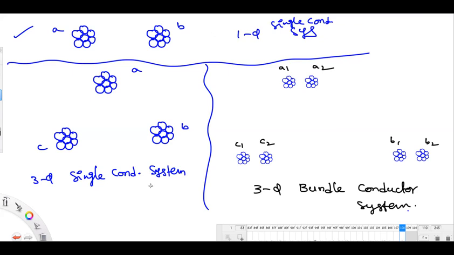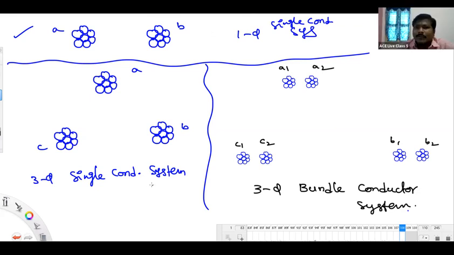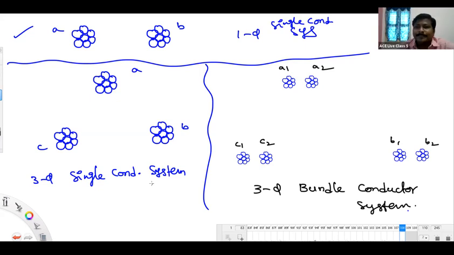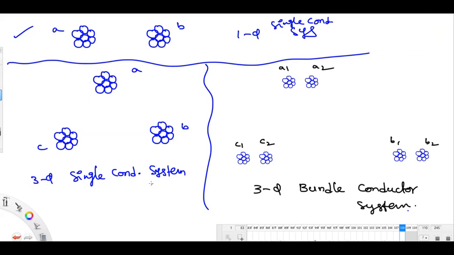While finding the inductance value, both the internal and external values give the total inductance value, 0.4 into 10 power minus 7. Total inductance means we are considering LA plus LB, the total circuit inductance.